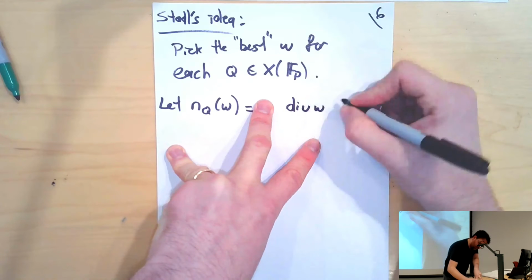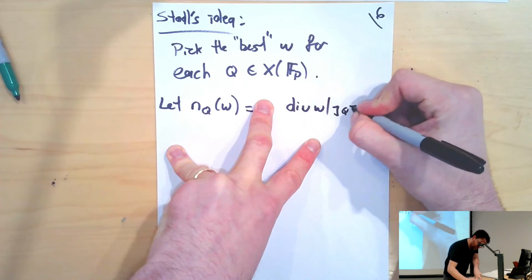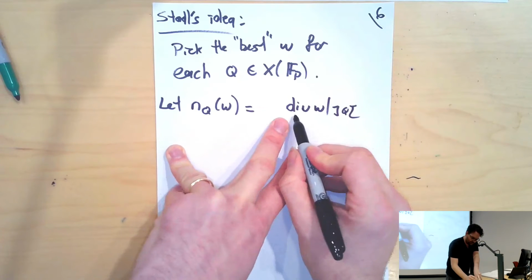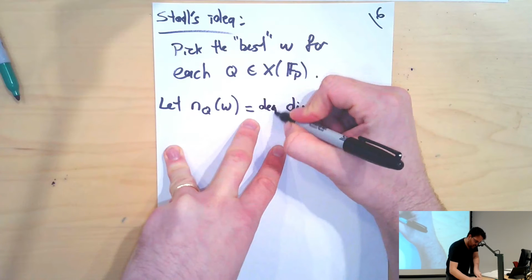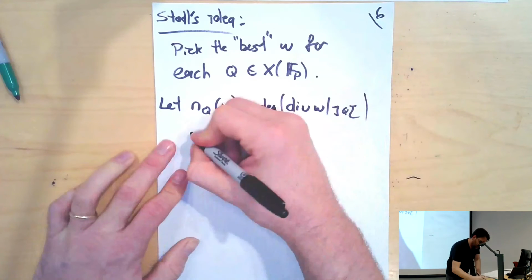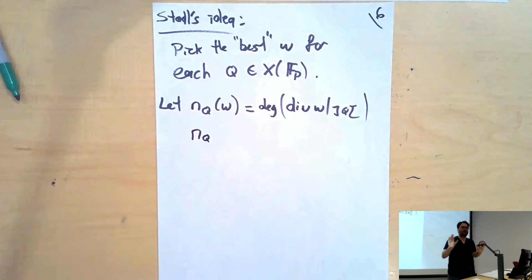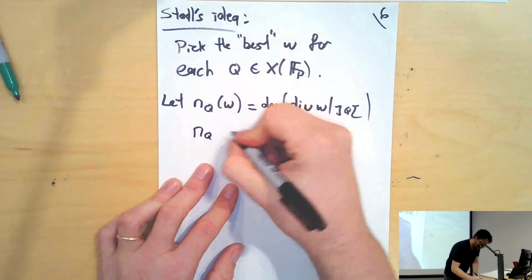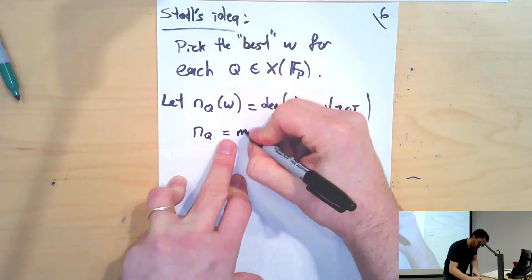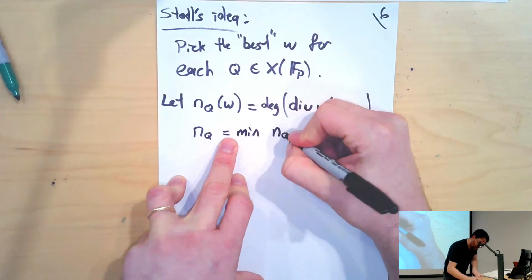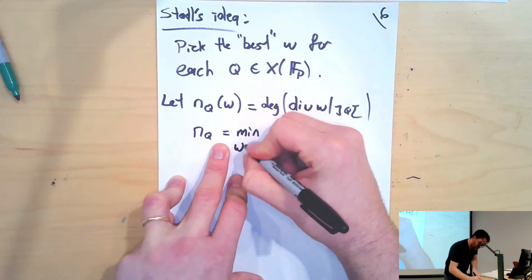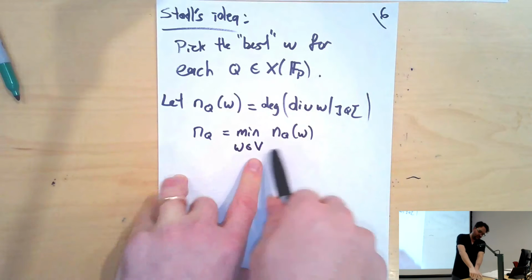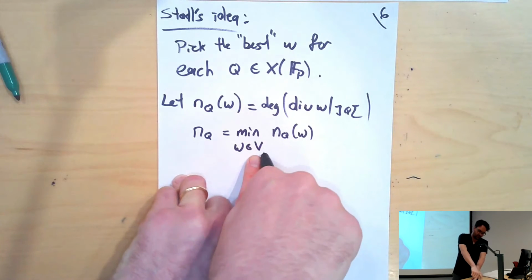So again, we take the zeros of omega in the residue class Q and take its degree, and then let NQ, so I'm redefining NQ, be the minimum of NQ for omega in V, where V is this space of annihilating differentials.